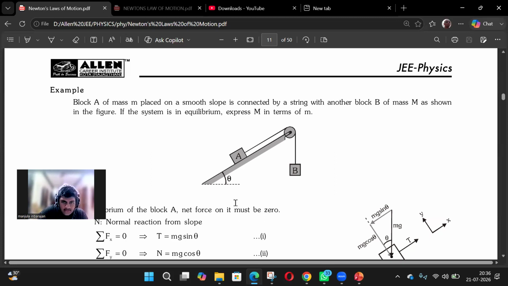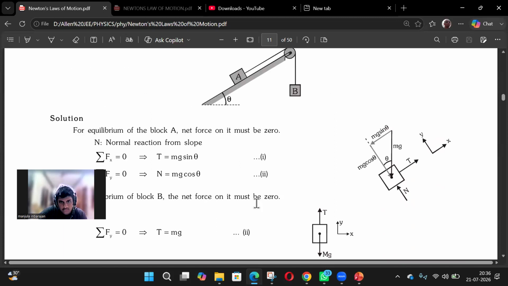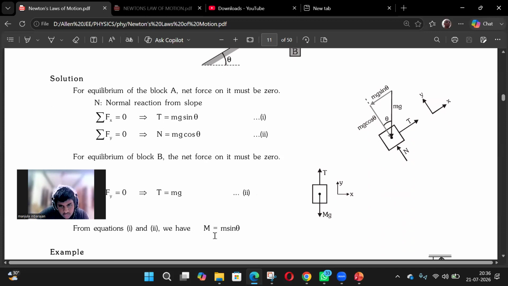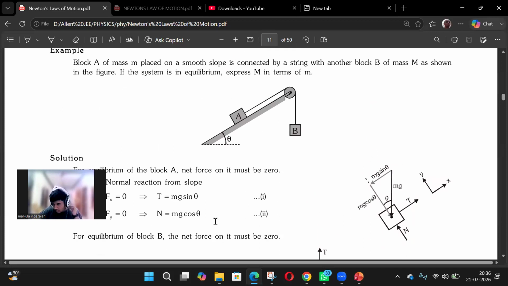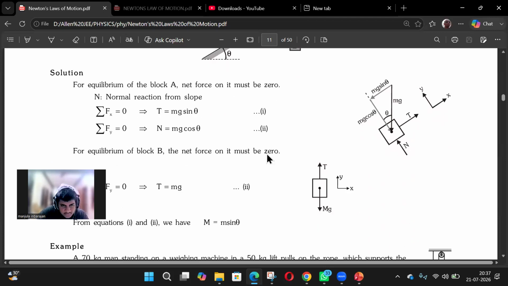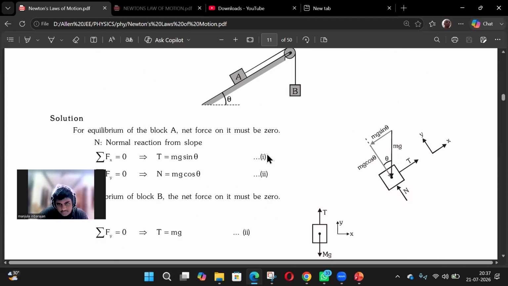So A should be much heavier than B, right? Because when theta is 0, capital M is 0. Capital M is the B block. So one thing you can do, instead of 0, you can put delta.